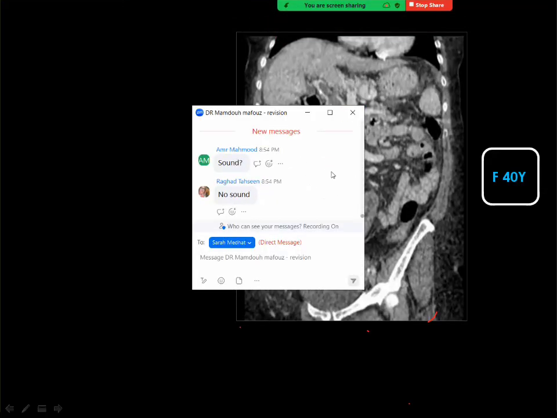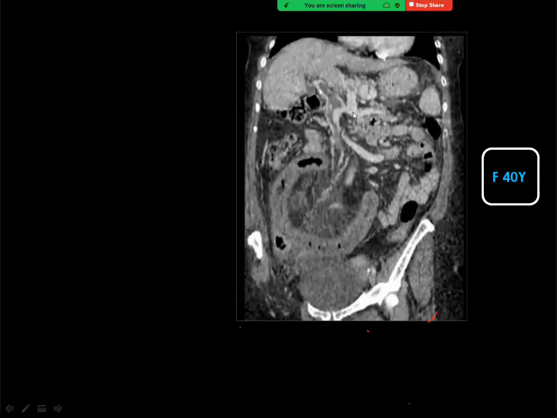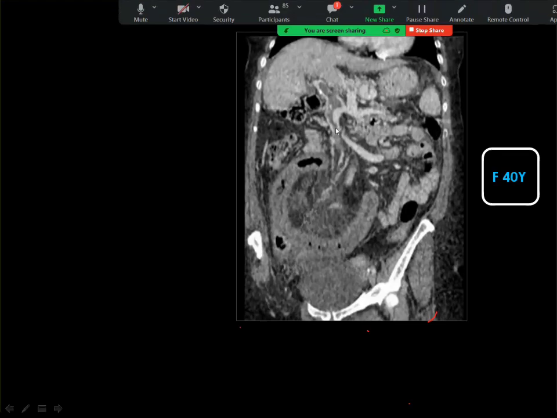Okay, and then one of the answers is bowel ischemia, and this is a good answer. This is not the colon, this is a small bowel. And if you look carefully here, you see that there is a filling defect in the portal vein as well as in the superior mesenteric vein.